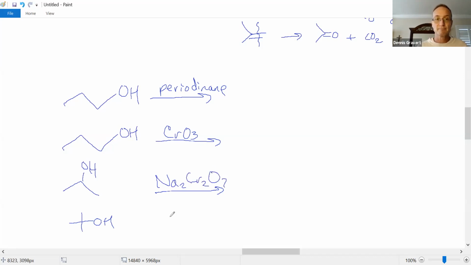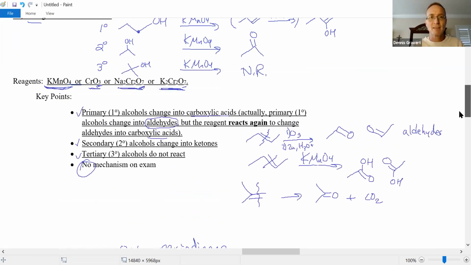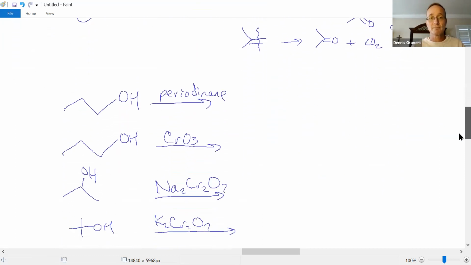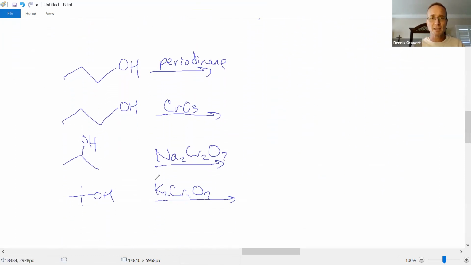Sodium dichromate or potassium dichromate. Okay, I have to cheat. Yeah, that's the fourth one. I know, it's just switching the spectator ion. That's just dichromate twice. It's really the same reagent. I know, sodium versus potassium. It's a minor difference. Whoops.